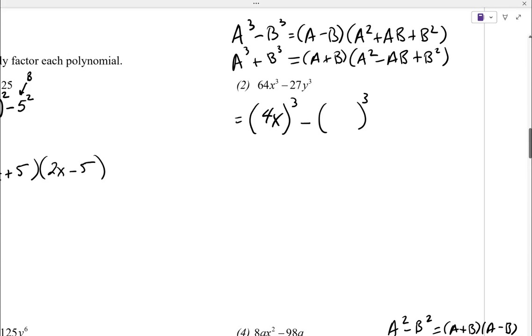Now what's going to go inside the second set of parentheses? 3y, good. So what's playing the role of A? 4x and the B? 3y. Good. So this whole 4x is the A, this whole 3y is the B. So again, this is your A, this is your B. So we want to use, again, this formula right here, that cubes formula. What's the first factor going to be?